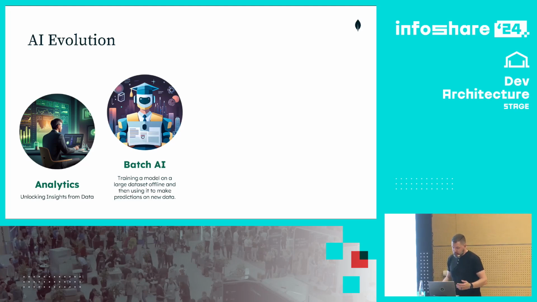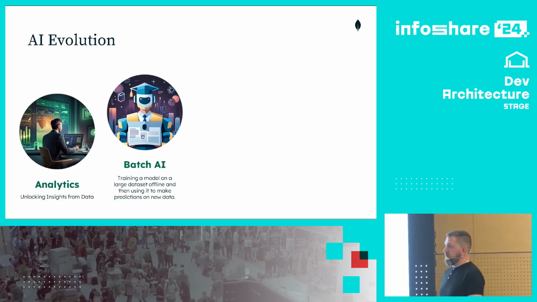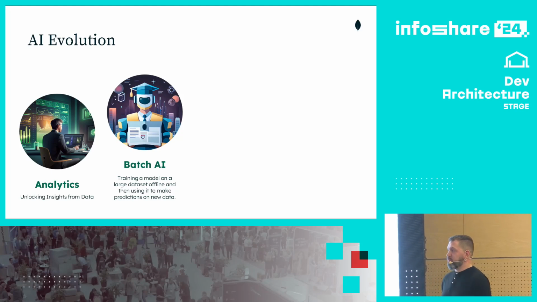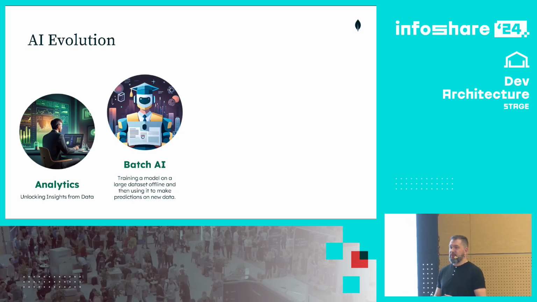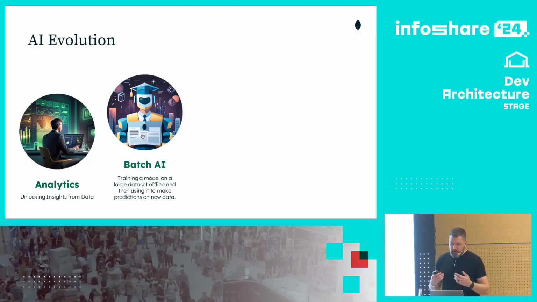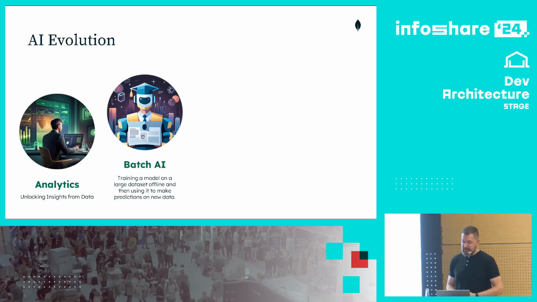Traditional batch machine learning involves training models on historic data and then using them to make predictions or inferences about future events, about how users might interact in the future. The more data you fed it over time, the more accurate these future predictions can become. You can imagine this is really powerful because if you can predict what's going to happen tomorrow, you can make really good business decisions today.